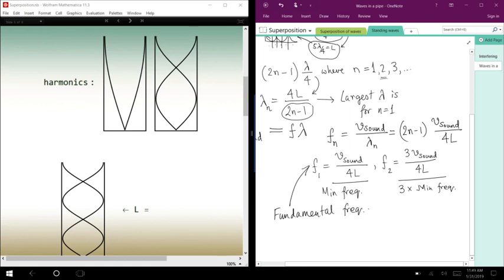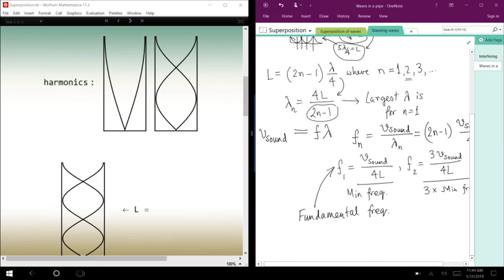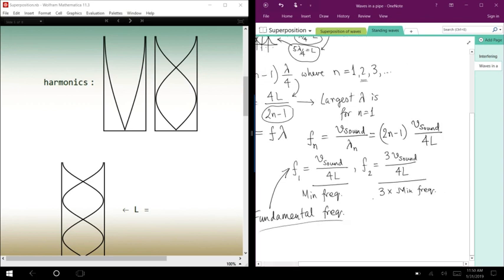Okay, so for a closed pipe, the fundamental frequency is equal to the speed of sound divided by 4 times the length of the pipe itself. All right, that's the fundamental frequency. And as we go higher and higher, these are called harmonics. So this would, in some situations, be called the first harmonic.